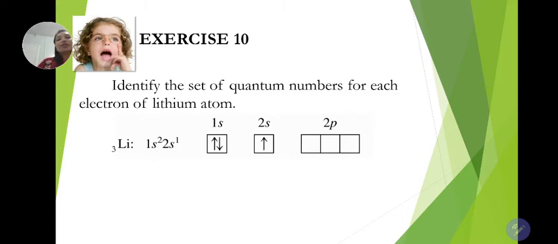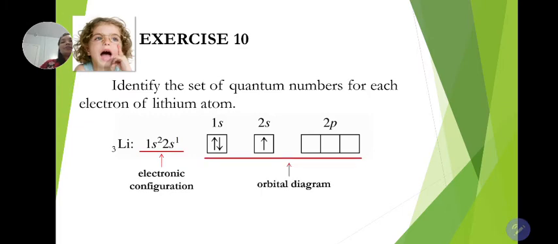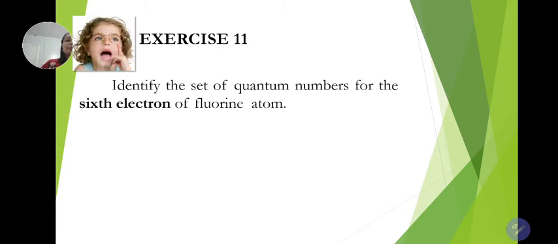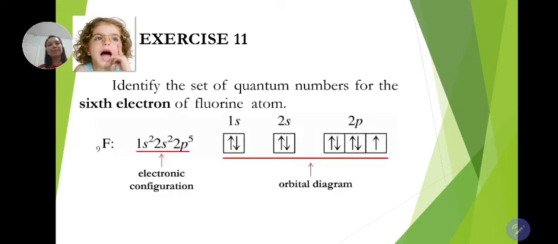So, ito yung electronic configuration ng lithium atom. And this is the diagram it represents. So, we have 1 valence electron and 2 core electrons. I think, hindi na natin gagawin yung exercise na to dahil medyo set of quantum numbers na yung pinapa-identify dito. We'll just go over them para makita nyo lang yung electronic configuration.